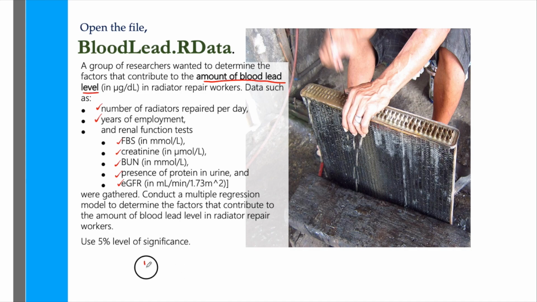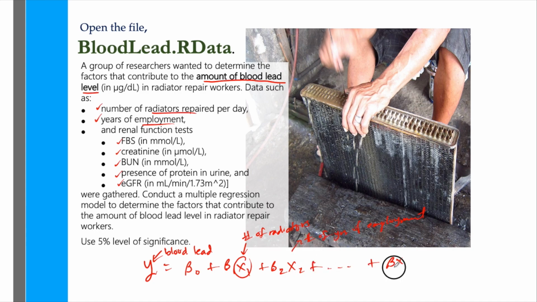So given this data, we're going to predict y, in which y is blood lead, which is beta sub 0 plus beta 1 x1. x1 may be the number of radiators repaired per day, which is represented by this, plus beta 2 x sub 2. x sub 2 may be the number of years of employment, up to beta sub 7 x7, since we have 7 predictors here, plus the epsilon.